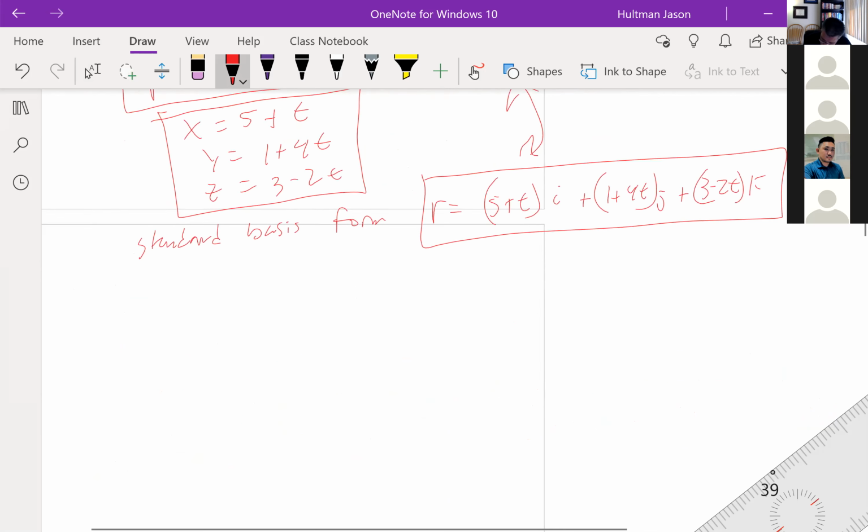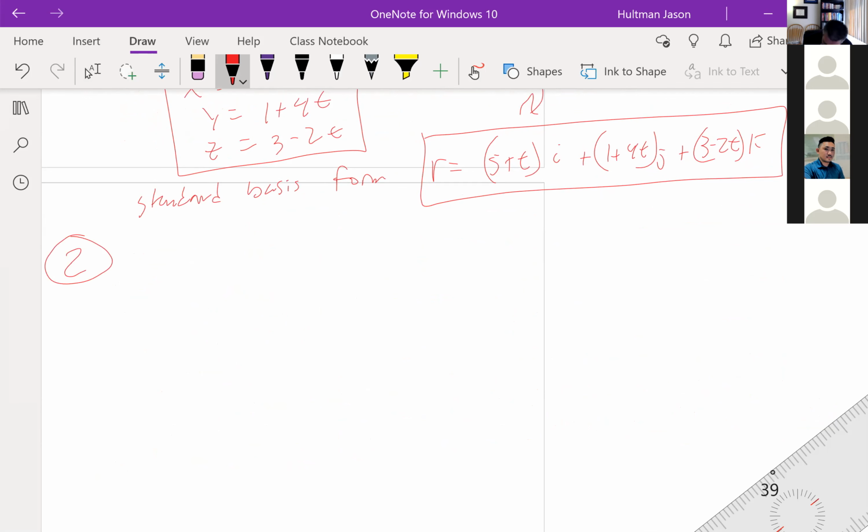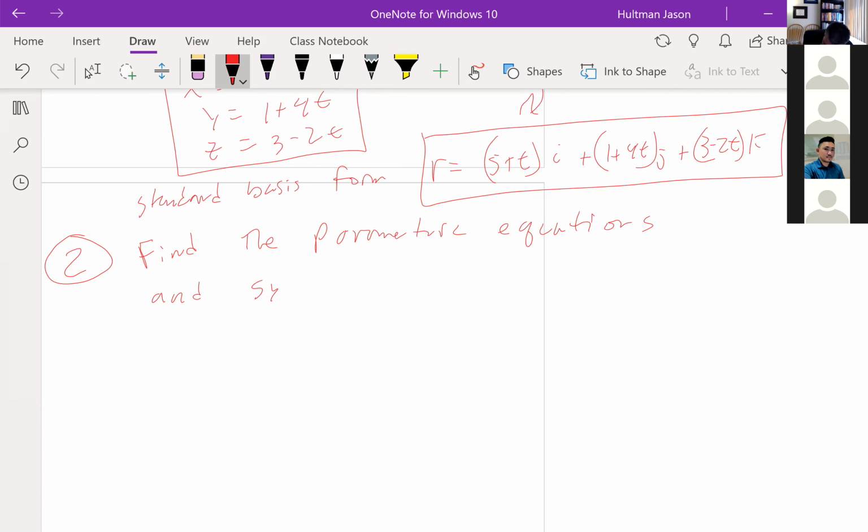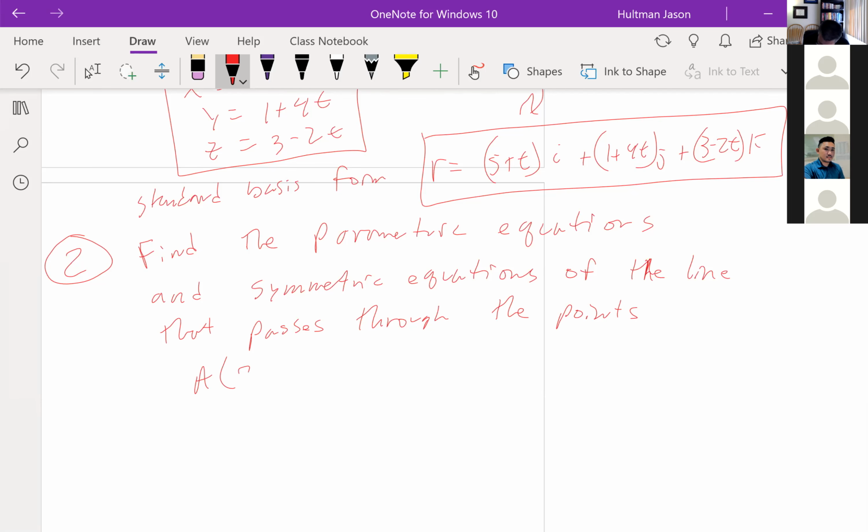Okay, number 2. Find the parametric equations and symmetric equations of the line that passes through the points A (2, 4, negative 3) and B (3, negative 1, 1).